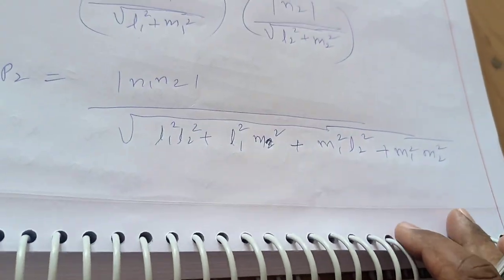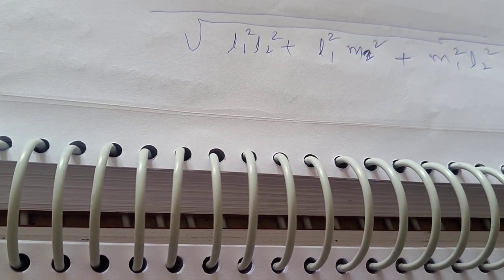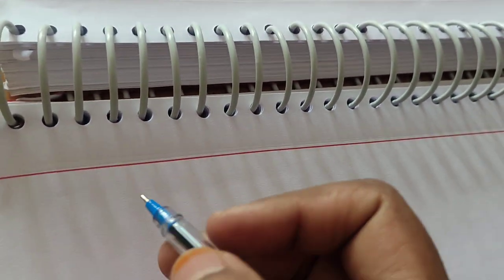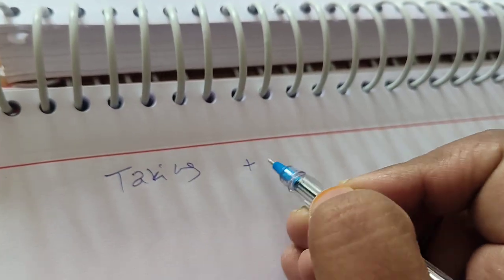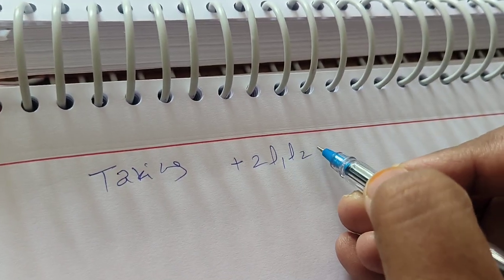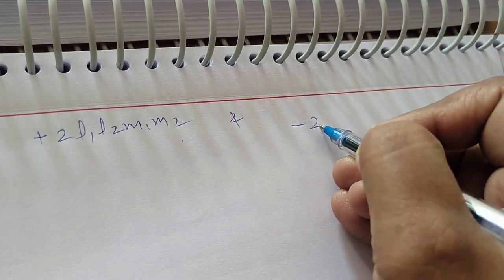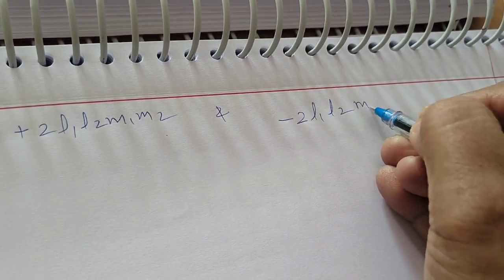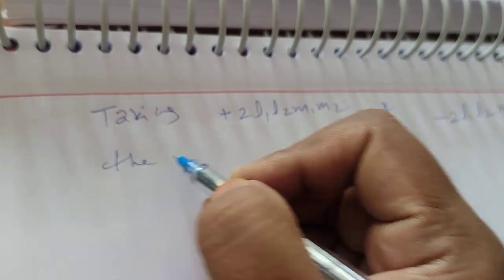To get this we will take plus 2 L1 L2 M1 M2 and minus 2 L1 L2 M1 M2 in the denominator.